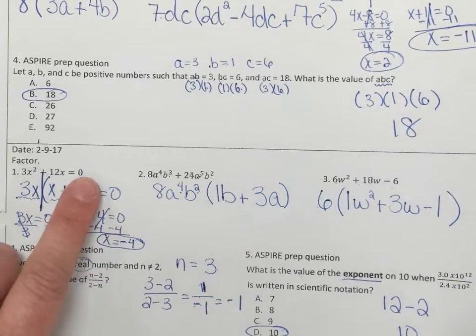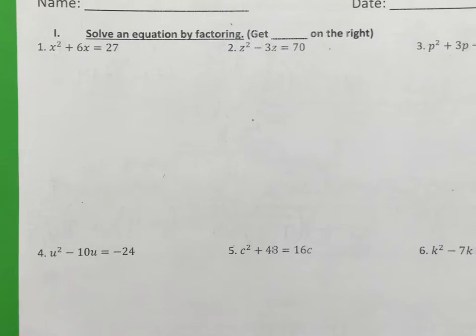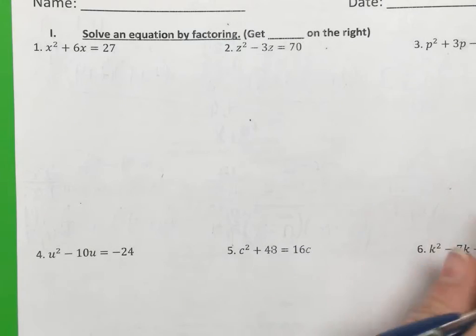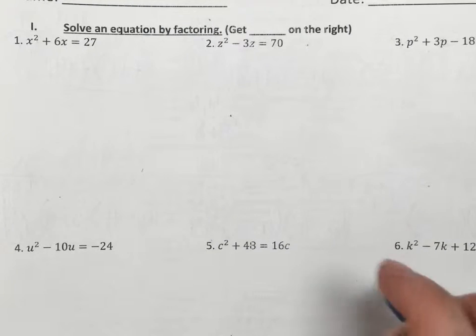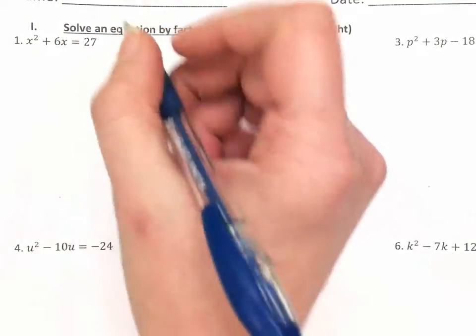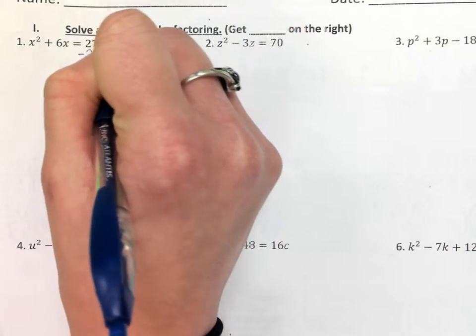What number is it supposed to equal? 0. I know, but I needed them to all say it. All right, here we go. So, if you have $27, what do you need to do to have $0? You need to subtract it, right? Here we go.